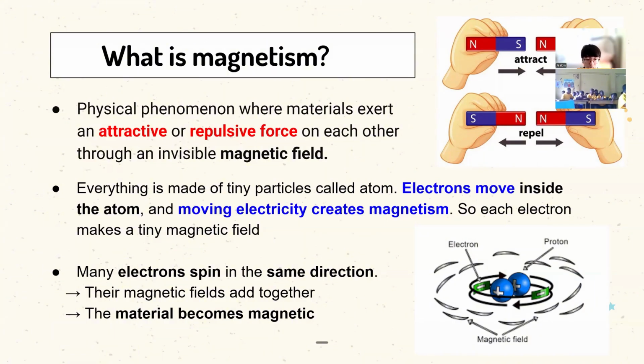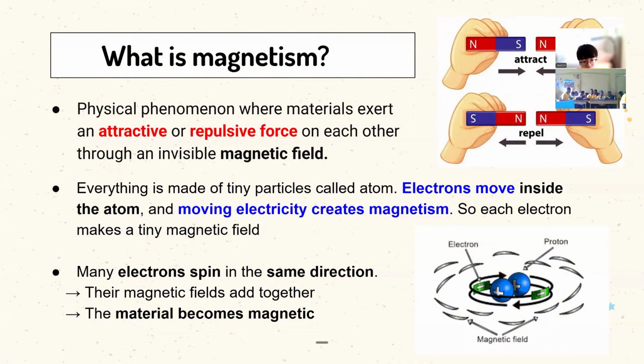Each electron makes its own tiny magnetic field. The electrons spin around in certain directions, and that creates a magnetic field.